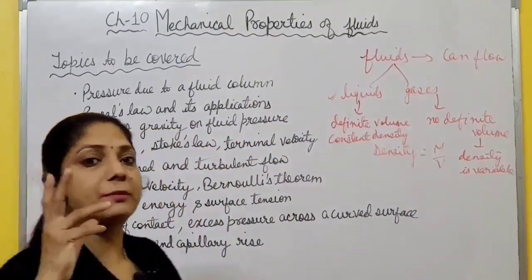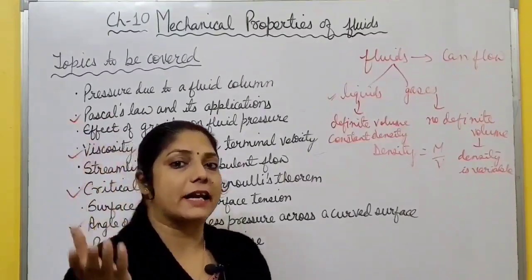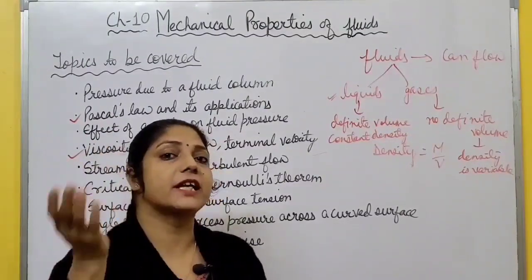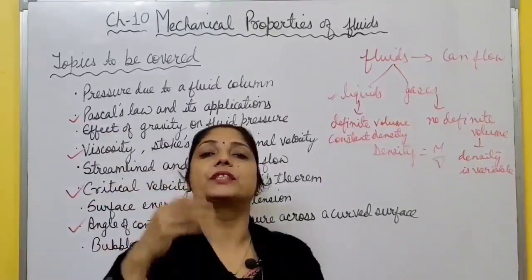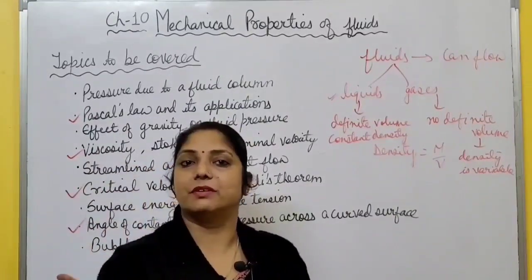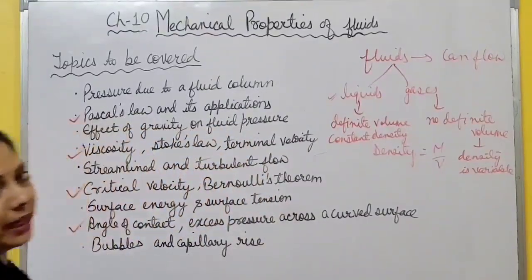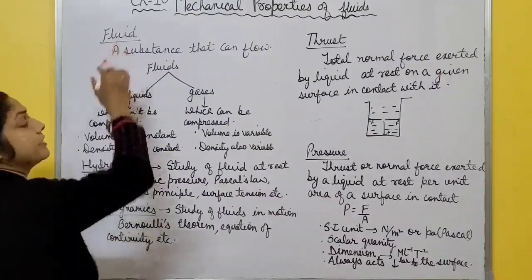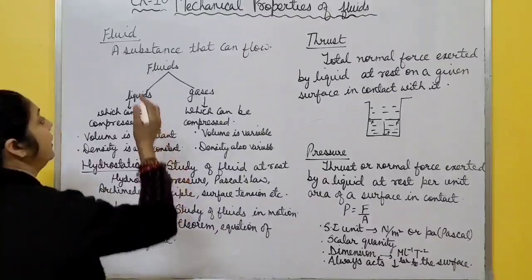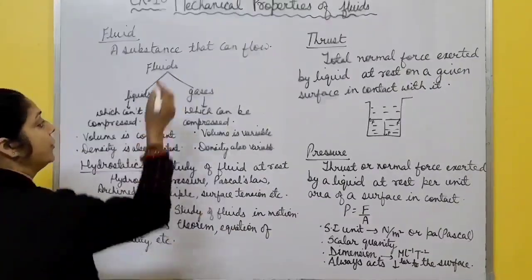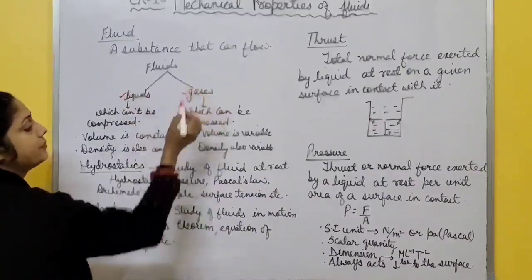There are two types of studies of fluids, that is fluid statics and fluid dynamics. In fluid statics we will study fluids at rest, and in fluid dynamics we will study when the fluids are in motion. What is fluid? It is a substance that can flow, and it is of two types, liquids and gases.